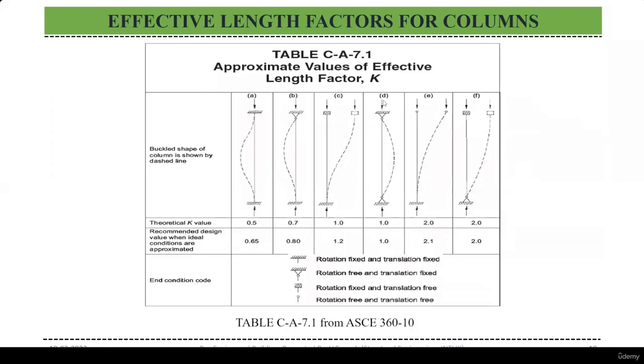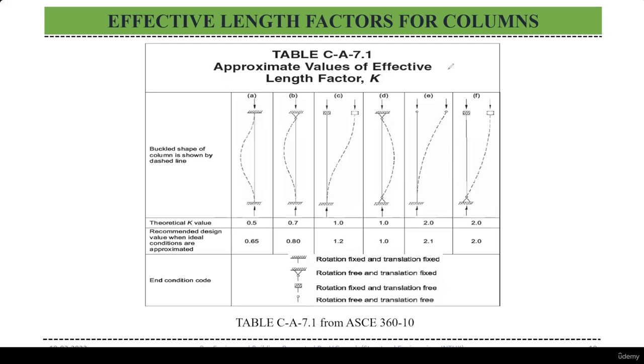And the most important thing you have to know in the design is the effective length factors for compression members or columns. There is no effective length factor for a rafter in the AISC code, but we have to know the effective length factor for a column here.